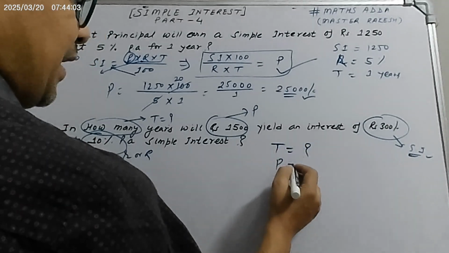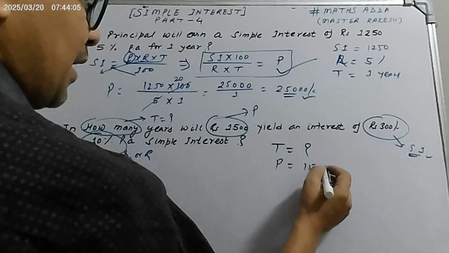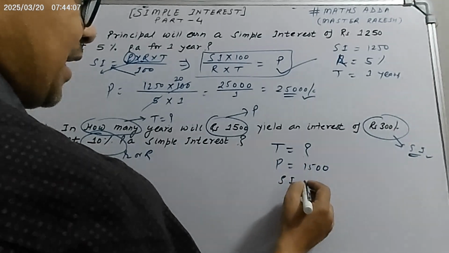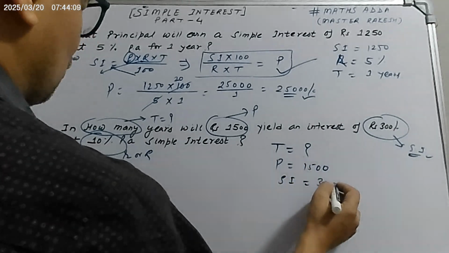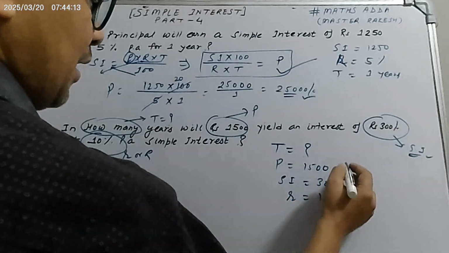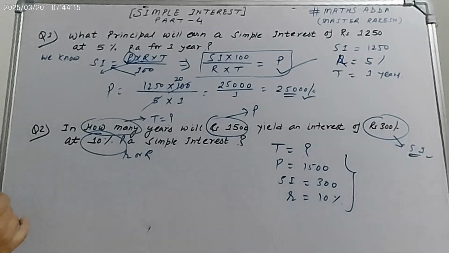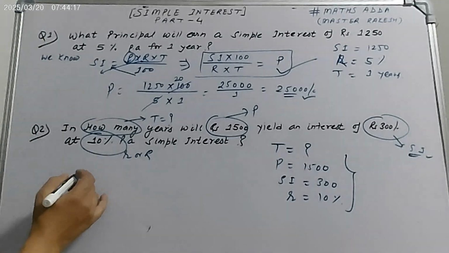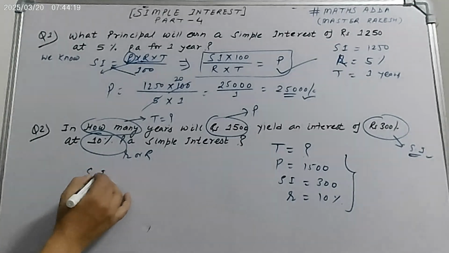P is given 1500, SI given 300, R given 10%. SI equal to P into R into T upon 100. So the same formula you will apply.